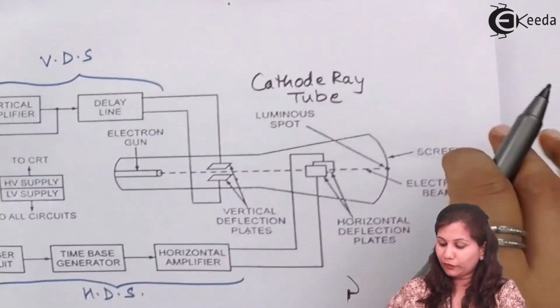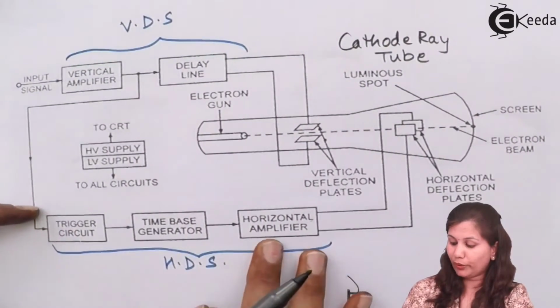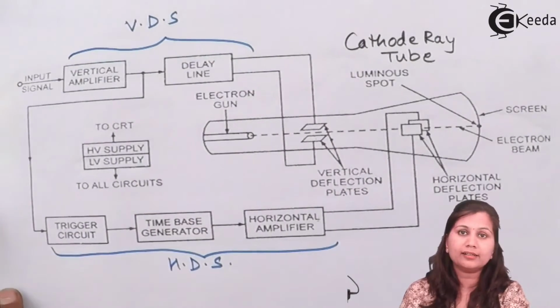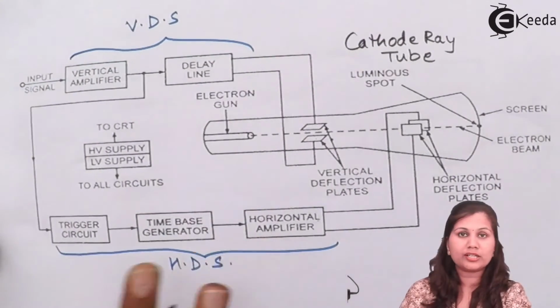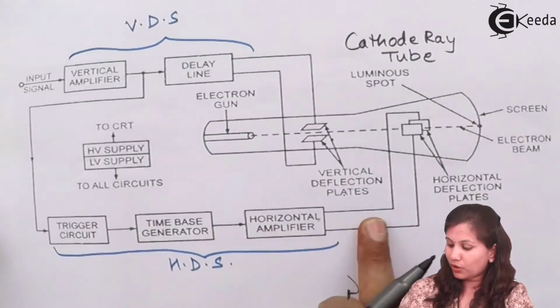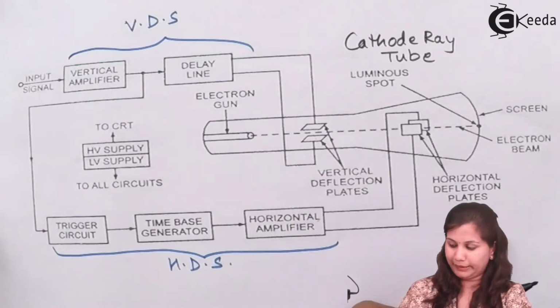Now, the next part of this deflection system is the horizontal amplifier, which is going to amplify the horizontal input without modifying the signal. So its function is just to amplify that signal. Now, this horizontal input is then provided to the horizontal deflection plates.